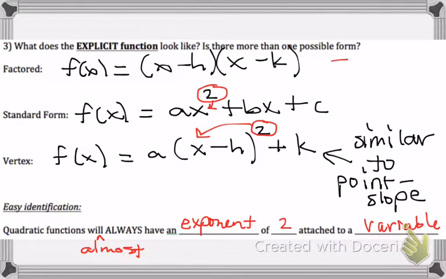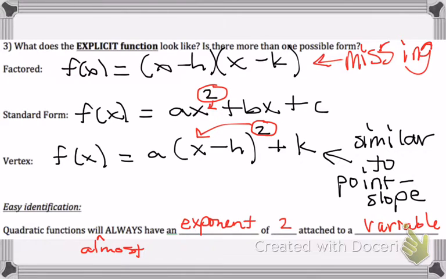Now, where this one seems to be missing the squared, it is because it is in factored form.